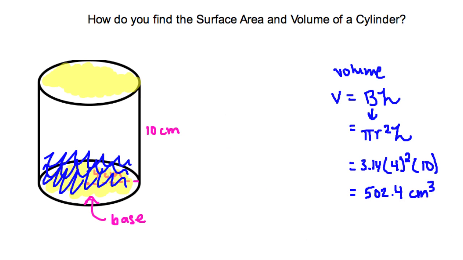And now let's look at the surface area. We can do the same thing for the surface area. So surface area, right? We have the area of the two bases. So surface area equals the area of the two bases. And remember, this lateral face has to wrap around the base.